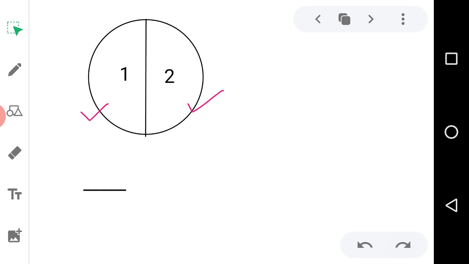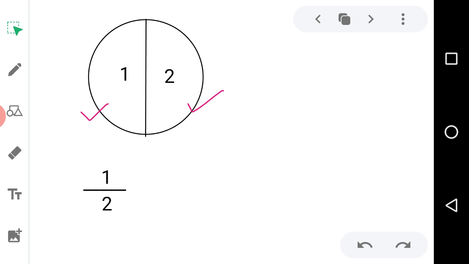So here I write 2. Here I have to show one part of this circle, so I write 1 above the line. How can we read this? 1 by 2, 1 upon 2. 1 upon 2 means half of the circle.